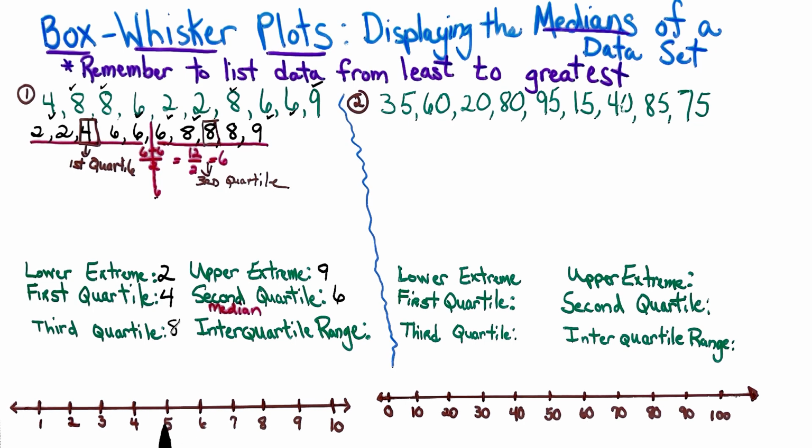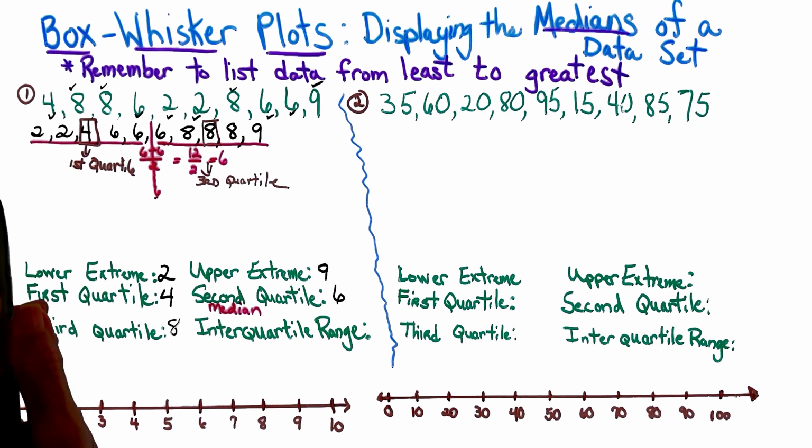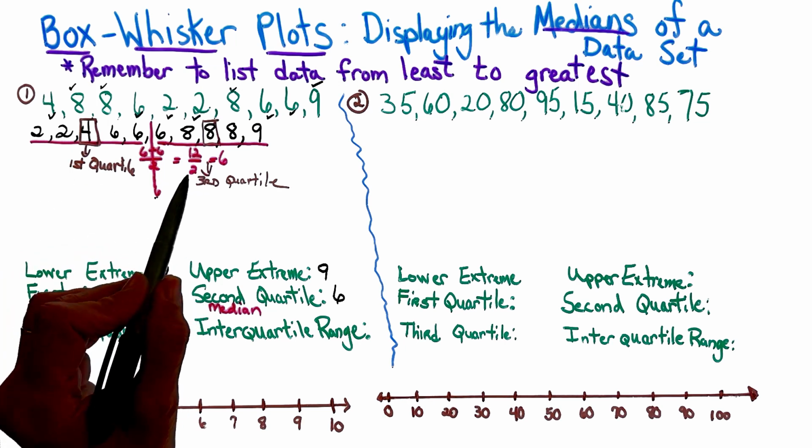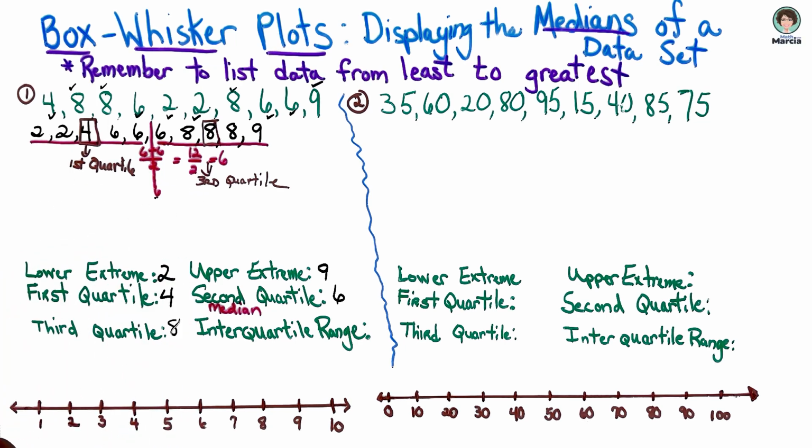And when we're making this box and whisker plot, you'll see it's a box and it looks like cat whiskers. And we're going to actually find the interquartile range. Well, the interquartile range is really easy.